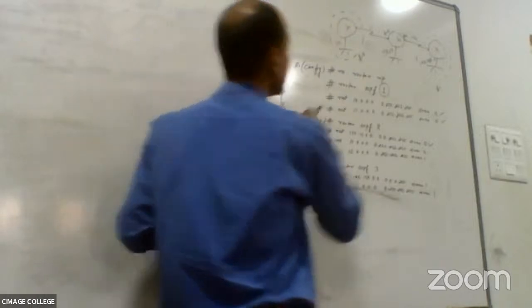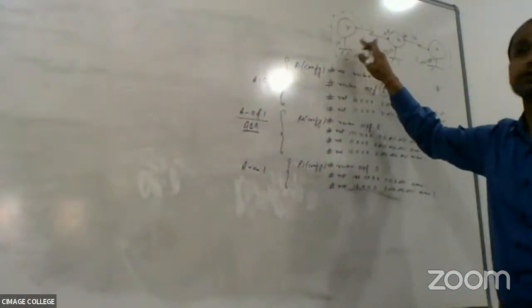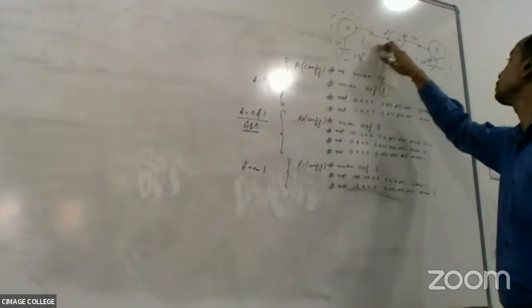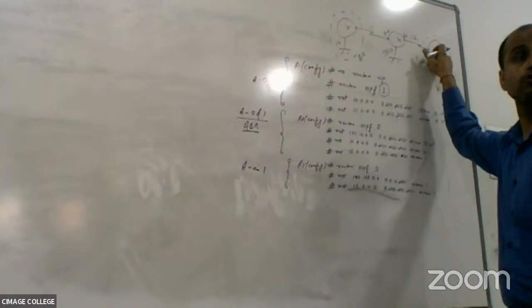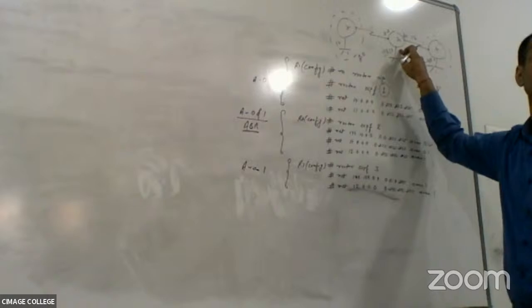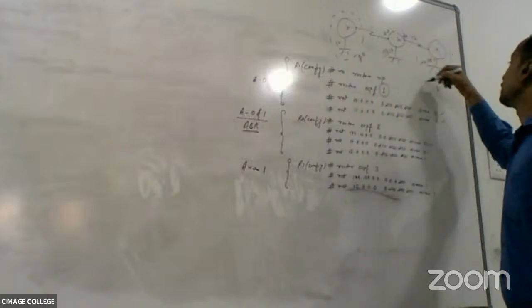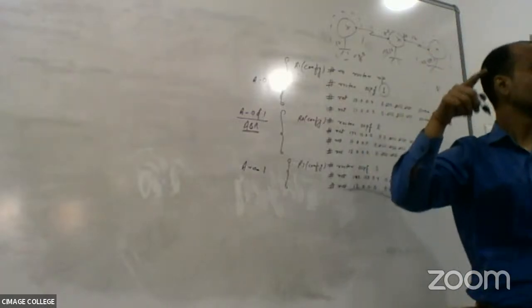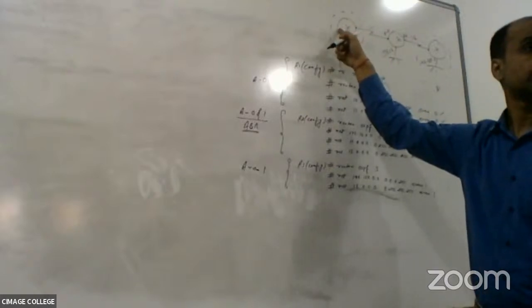So now, only route information, the routing table update of this network, will be transferred to this network. And who will be responsible to transfer the routing table update? This ABR router. And the same way, this router's network information or routing table information will be transferred to this router.